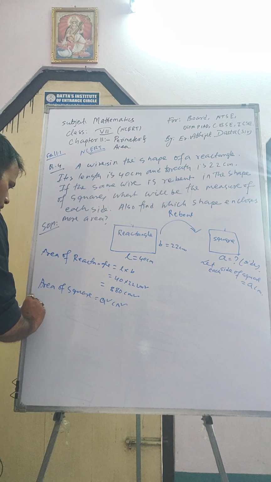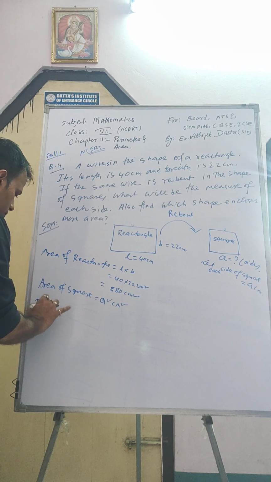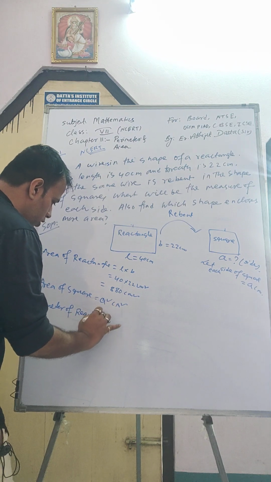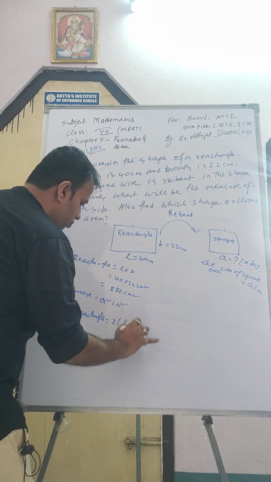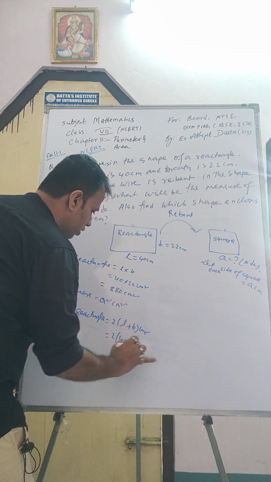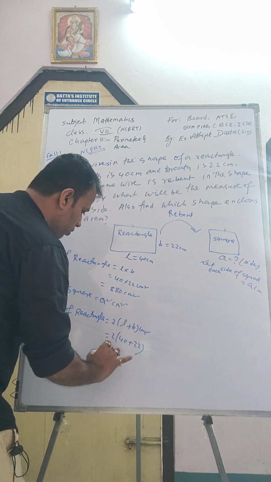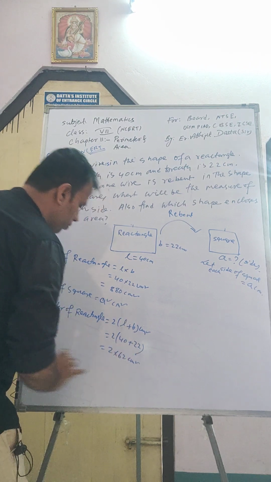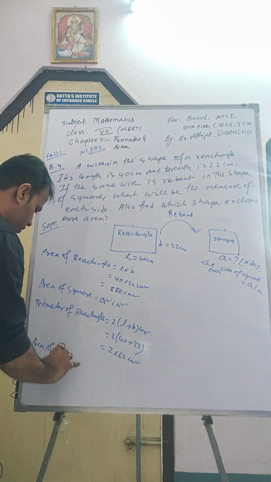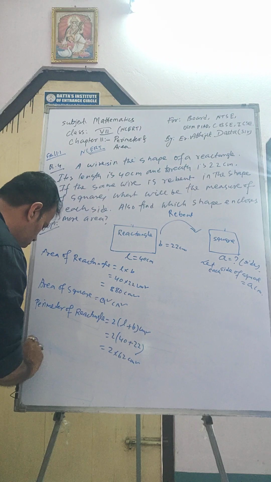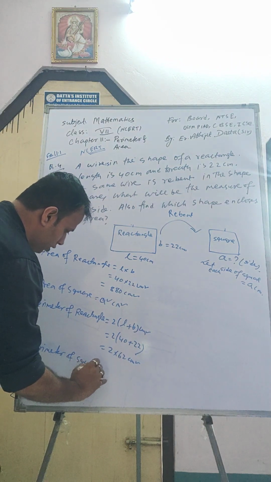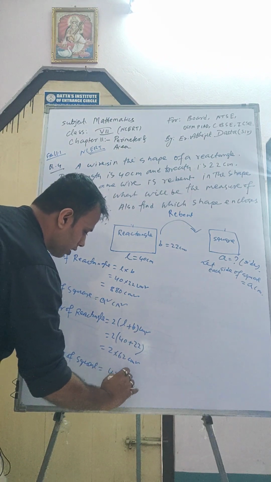The perimeter of the rectangle is 2 into length plus breadth, so 2 into 40 plus 22, which is 62 centimeter. The perimeter of the square is 4 into side, that is 4a centimeter.